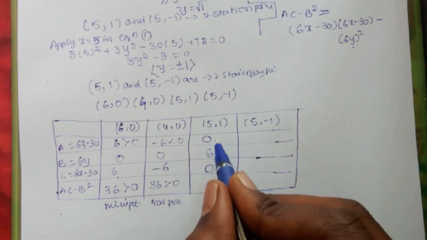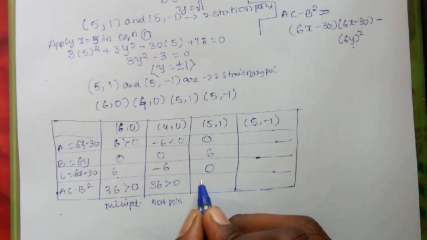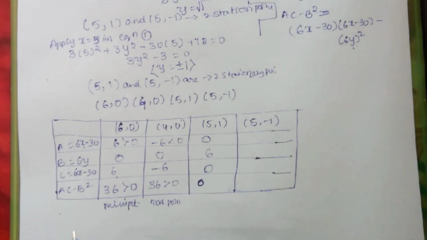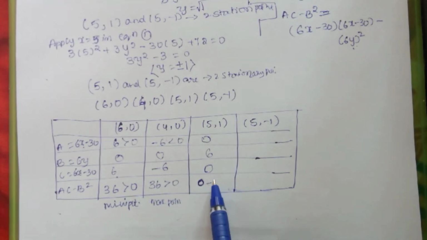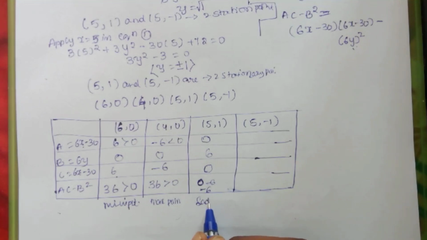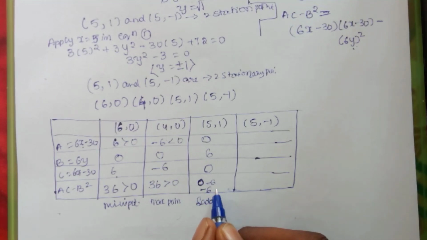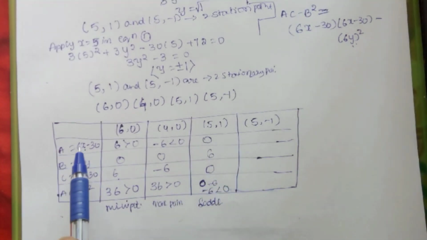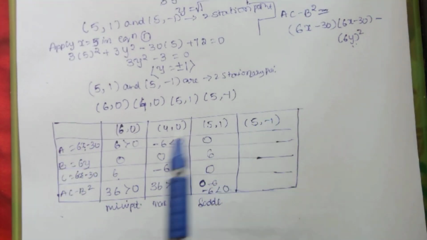Then AC is 0, and B² is 6 squared, so AC - B² is 0 minus 36, which is -36. This is considered a saddle point because AC - B² is less than 0.